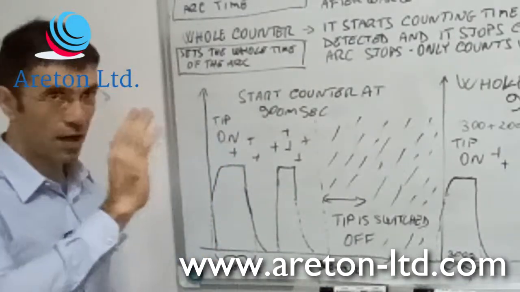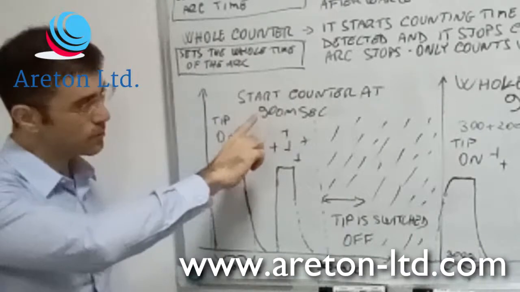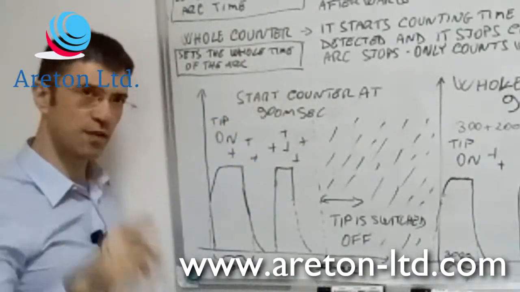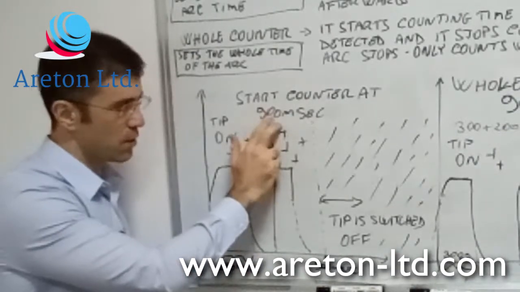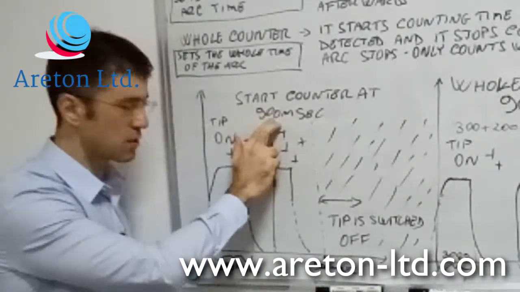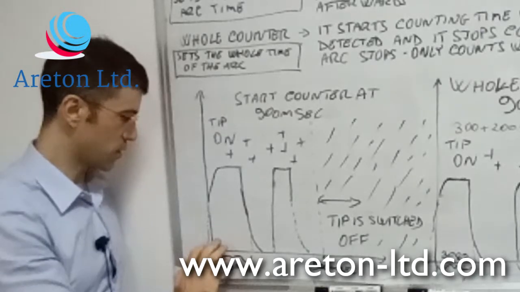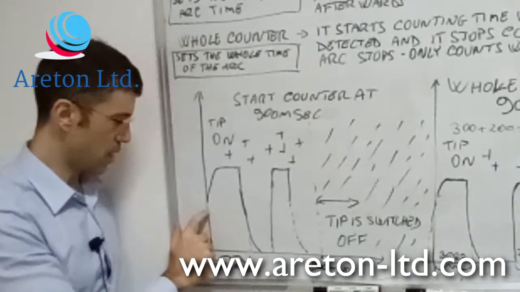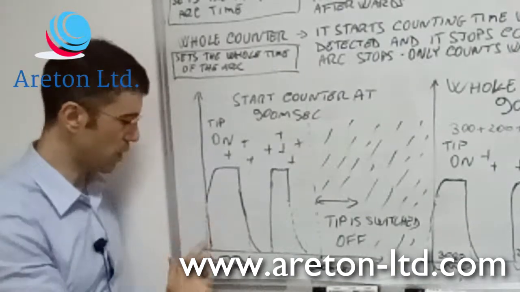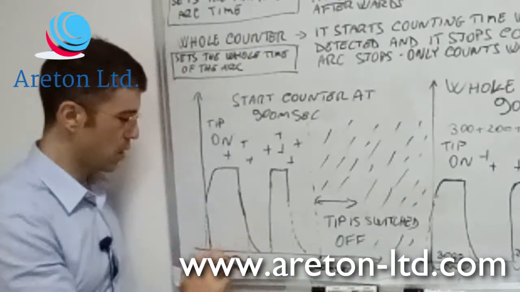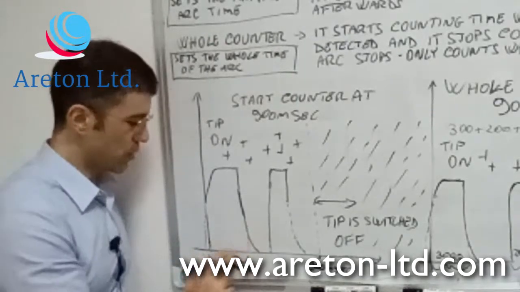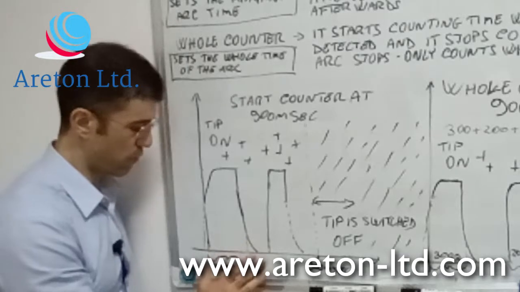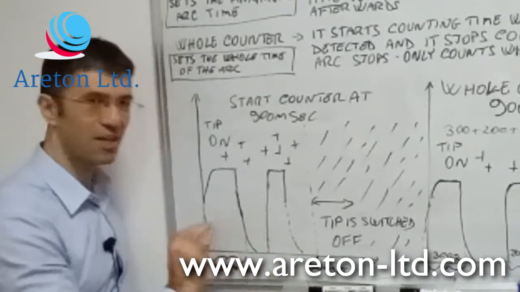But for the sake of the start counter and the whole counter, we're going to make an example of saying, look, dear start counter, count up to 900 milliseconds. Now, what the start counter does, say for example at this point, here I detect an arc. So I start counting here. What happens after, whether this arc is 350, 400, 200, 100, it does not matter.